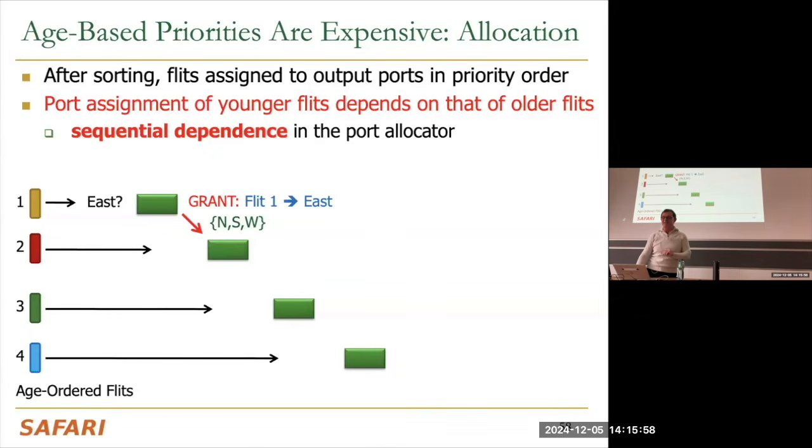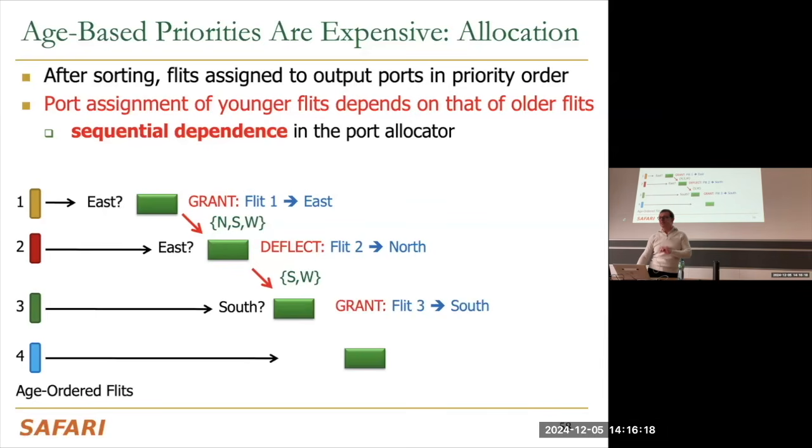Clearly, there's a circuit that does this, which means that only north, south, and west are available to the next priority flit. It requests also east. Too bad, you don't have east. You get assigned north, and this happens to be a non-productive port, so you get deflected. Now, only south and west are available for the next priority. It requests south, so it's good. It gets its productive output port. Only west is available for the poor last priority flit.